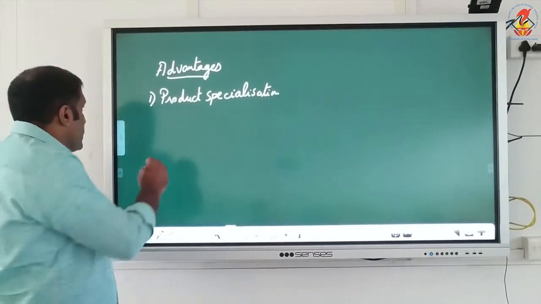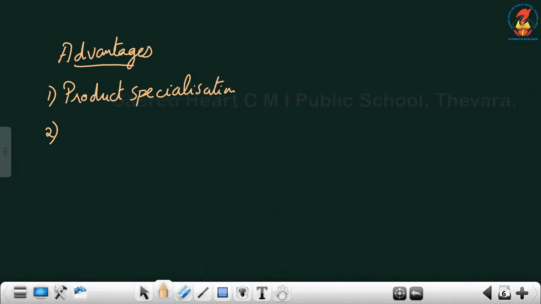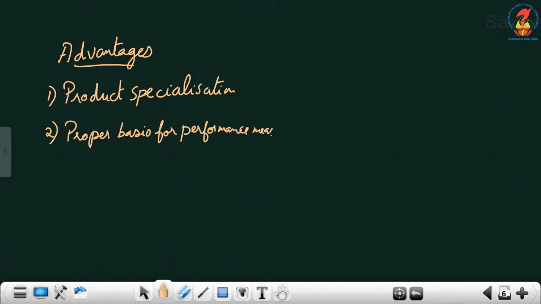Now, another thing is accountability. Divisional heads are accountable for profits. So there is a proper basis for performance measurement, or performance analysis, we can put it like this.